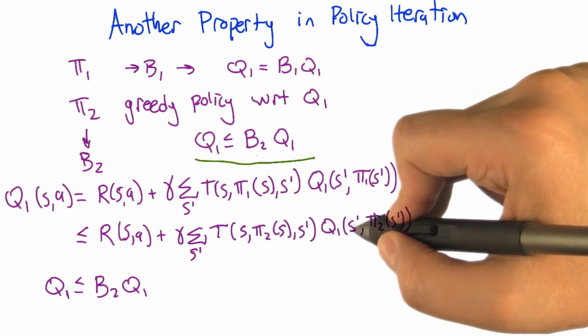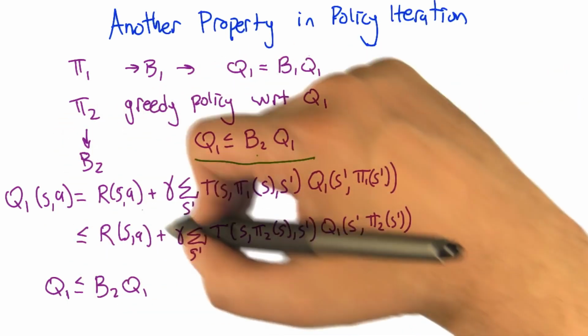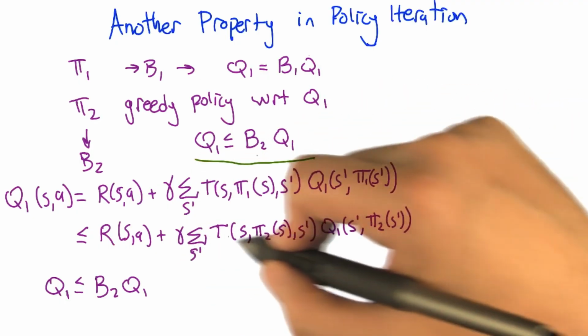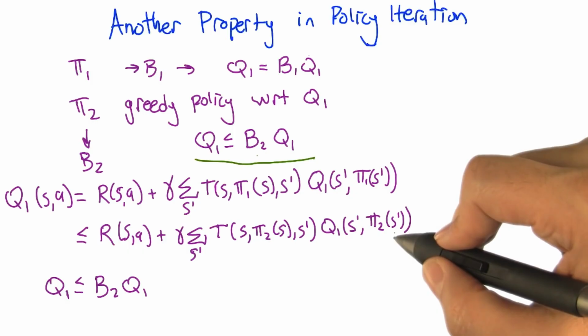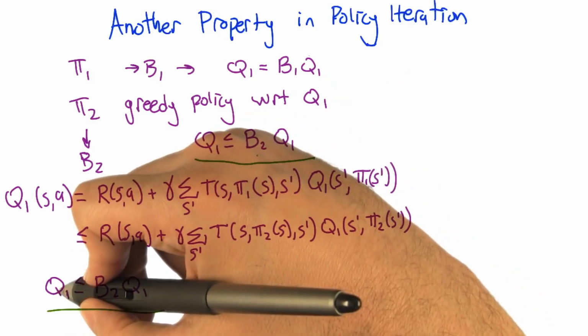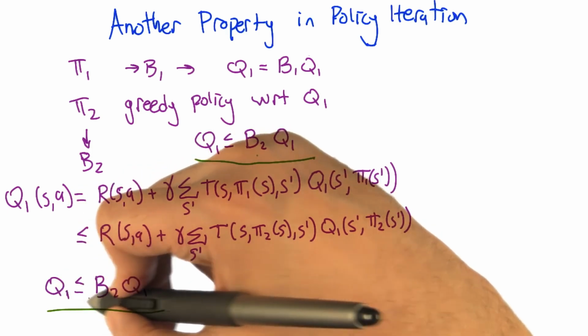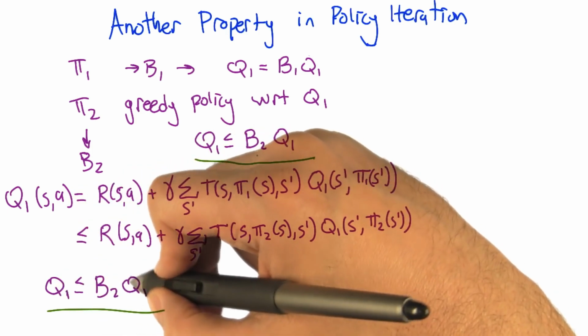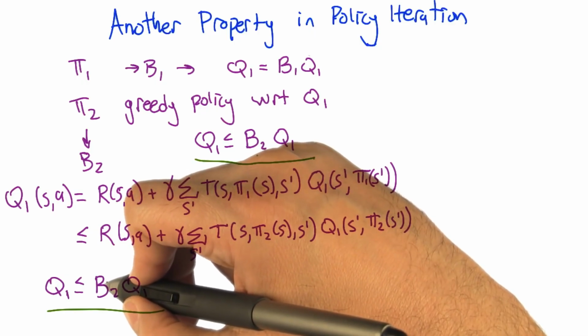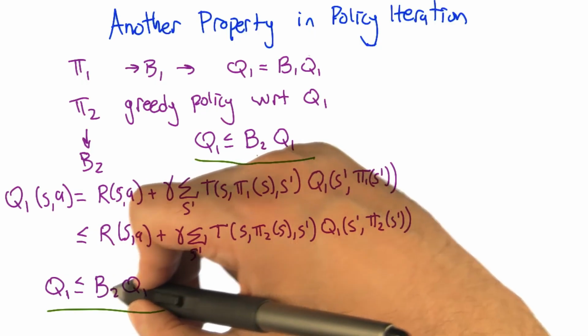So at each state action pair, we're doing no worse by doing one Bellman backup with B2 on Q1. So this is exactly the result that we get, that the Q function that we had before is less than or equal to the Q function that we had before pushed through the B2 operator, right? The Bellman operator with respect to the greedy policy with respect to Q1.